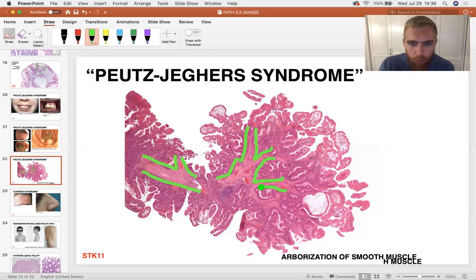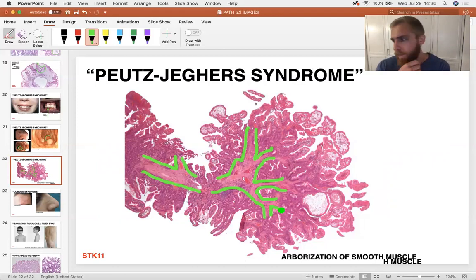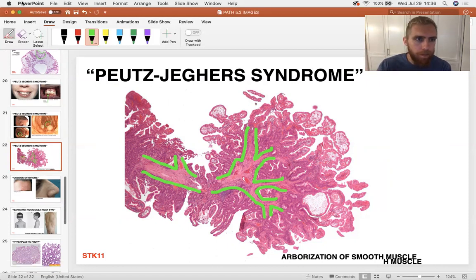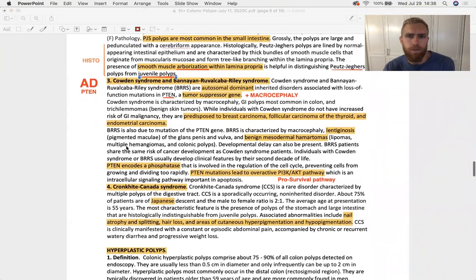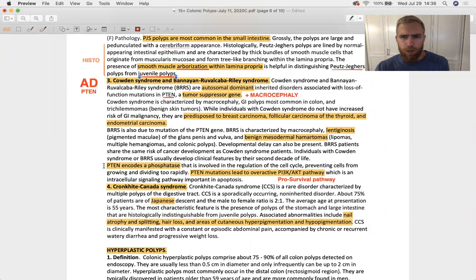That's how the smooth muscle core of this Peutz-Jeghers hamartomatous polyp is branching out into the, what's a good word to use? Cortex of the polyp. So that was Peutz-Jeghers syndrome.